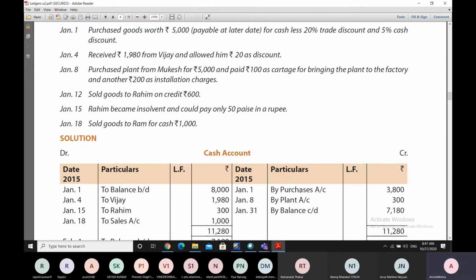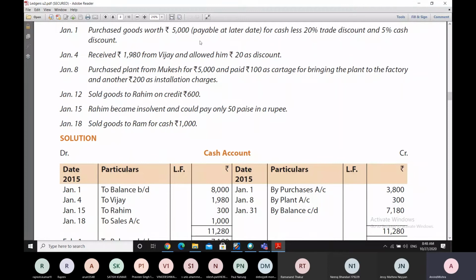That is why, as you can see here, the cash account is credited by 3,800 rupees, because 3,800 rupees have been paid out of the cash for making the purchases of the goods.